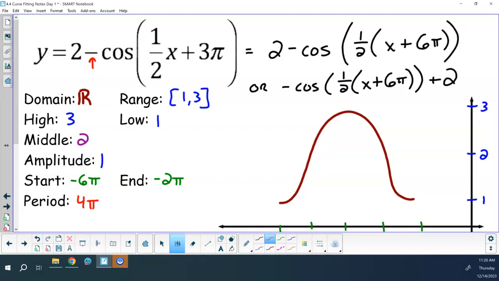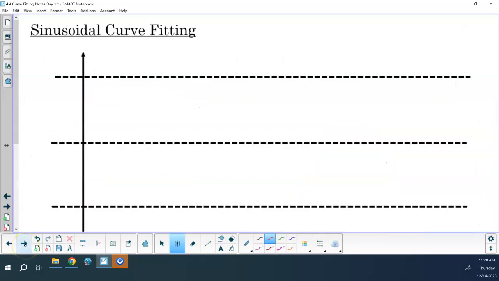All right, let's get into some curve fitting. Let's work backwards. Depending upon what we have, or what function we're looking for, we've got three different parts to a sine or a cosine curve: the low, the middle, and the high.